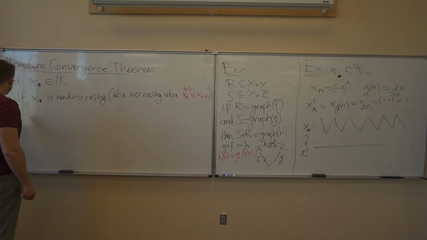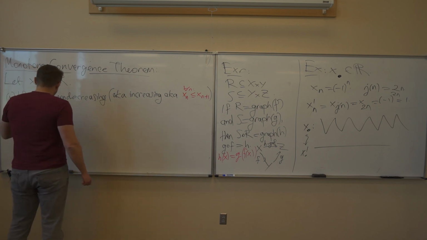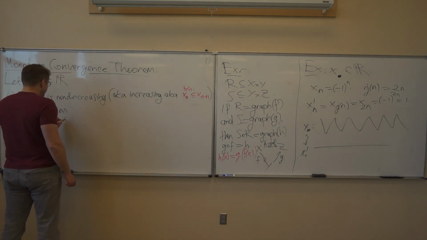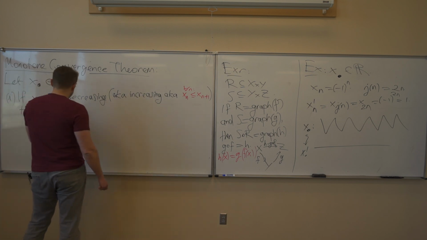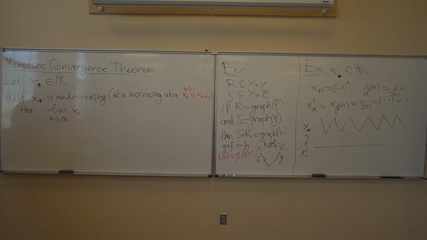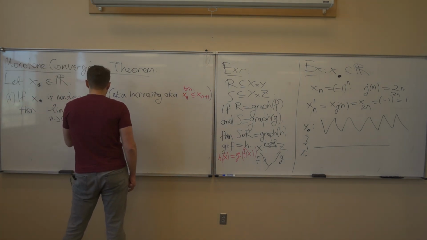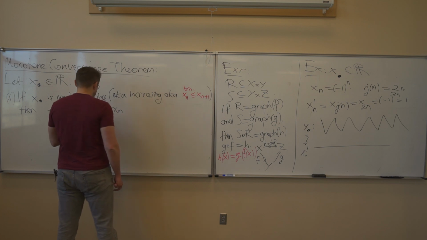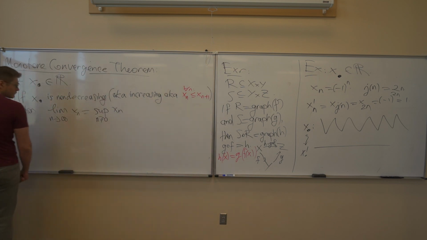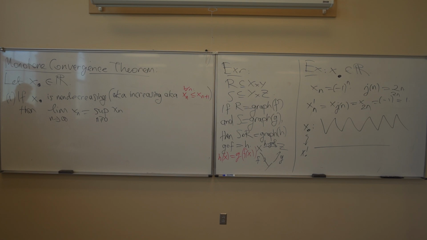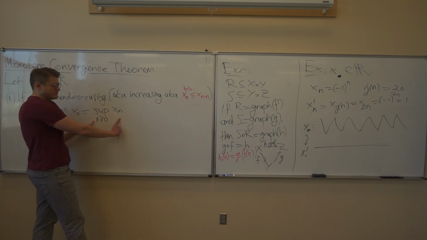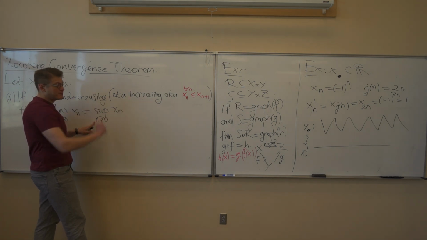Then I have some knowledge about what the limit is. The limit as n goes to infinity of x sub n is, well, the supremum of its tail. Now, this set is always non-empty, which means that this sup is never minus infinity, but it could be positive infinity.